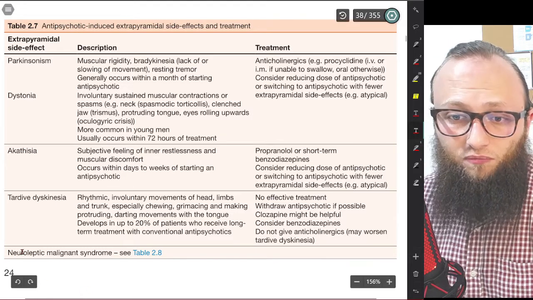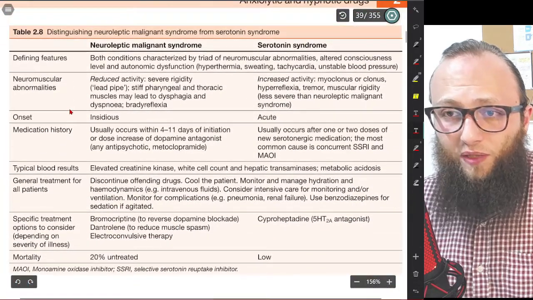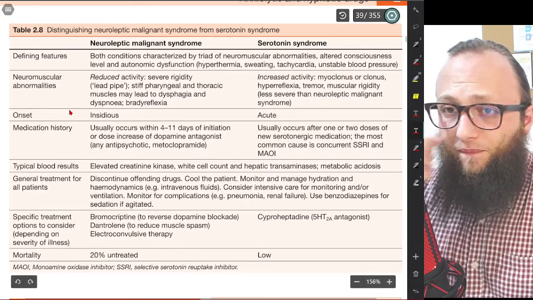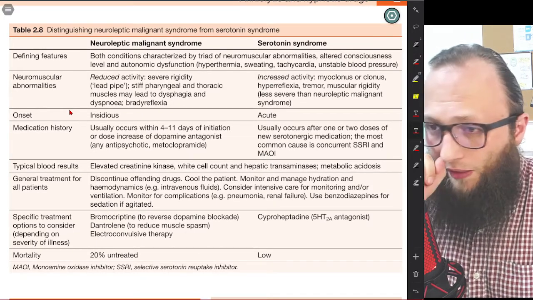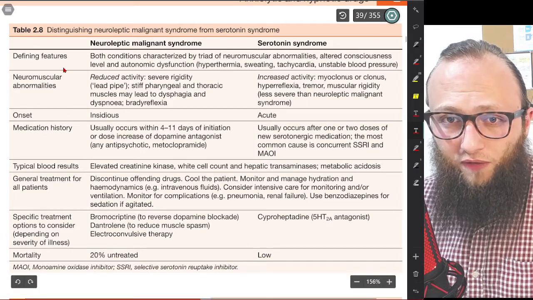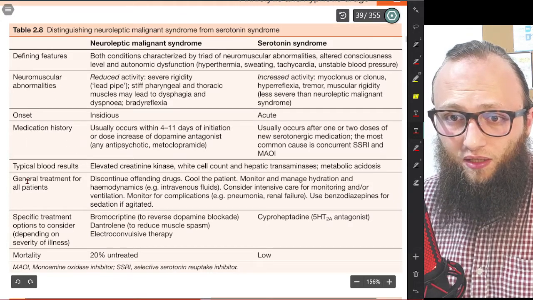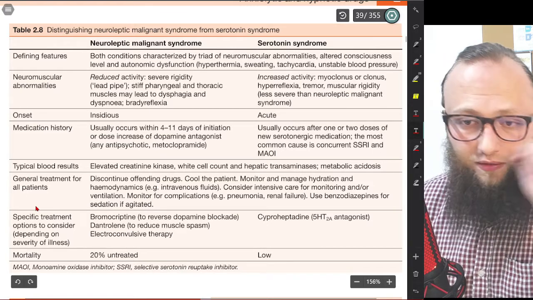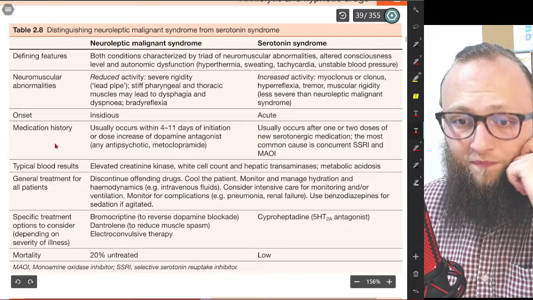So what about neuroleptic malignant syndrome? It's something else. To distinguish between neuroleptic malignant syndrome and serotonin syndrome, you should know that we have some defining features: neuromuscular abnormalities, the onset, the medication history, typical blood results, general treatment for all patients, and specific treatment options to consider.